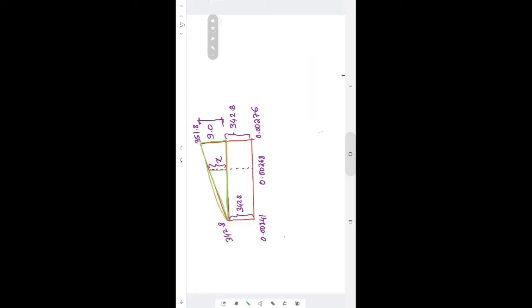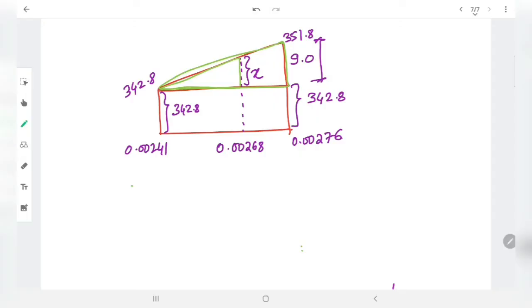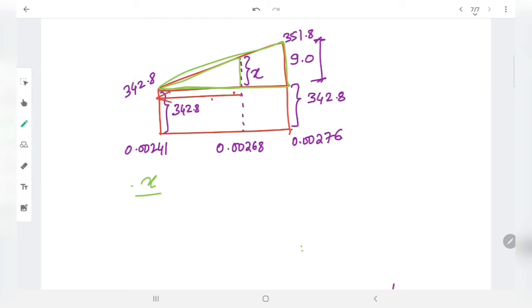First I'll take the first triangle, that is x divided by this value, from here to here.